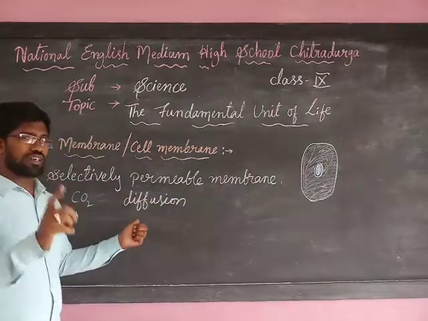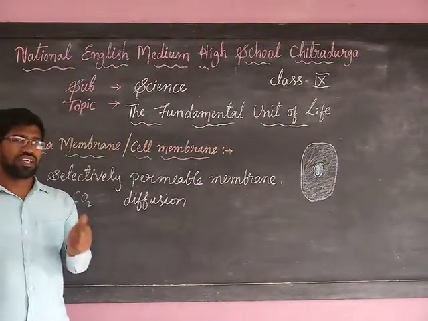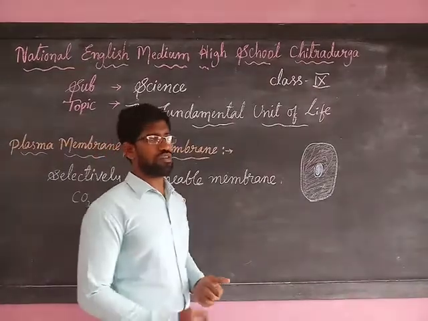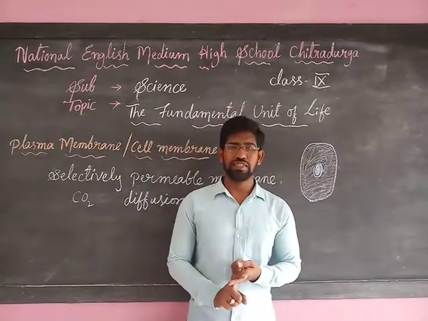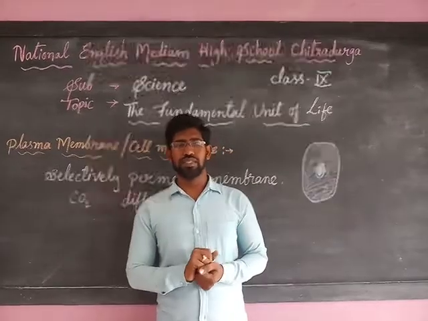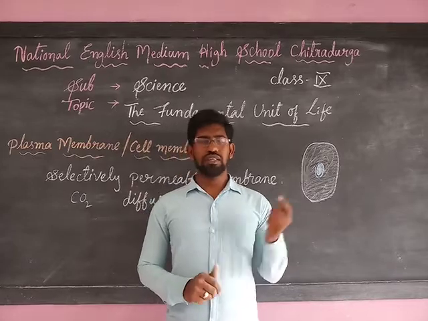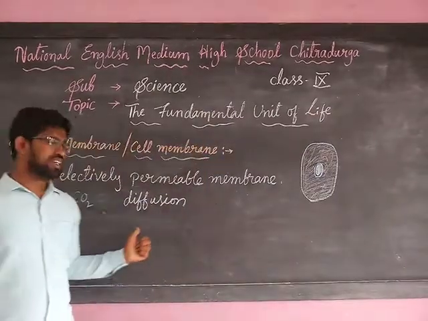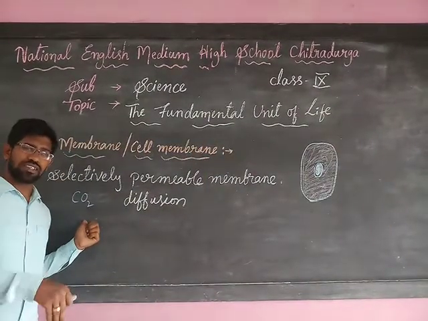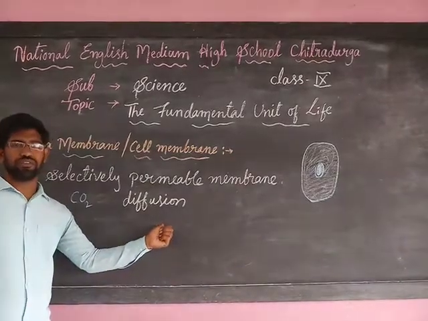I already heard this name, diffusion. What is diffusion? Diffusion is a process of movement of materials from a region of higher concentration to a region of lower concentration. So this process is called diffusion. The cell eliminates the carbon dioxide which is produced inside the cell through the process called diffusion.